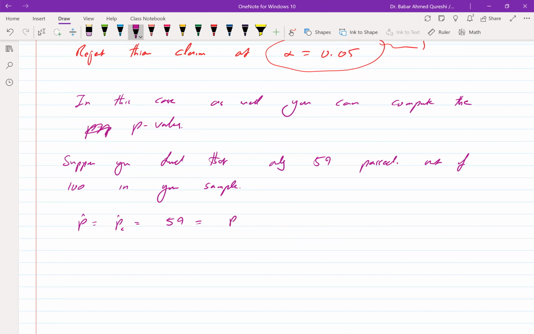And that would be P naught minus Z alpha times the square root term, where P naught is the claimed value. I have to write it as a proportion.